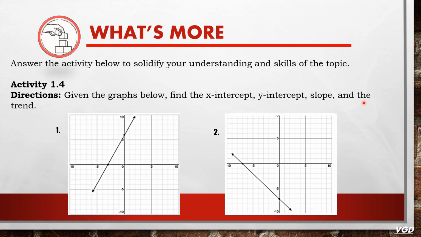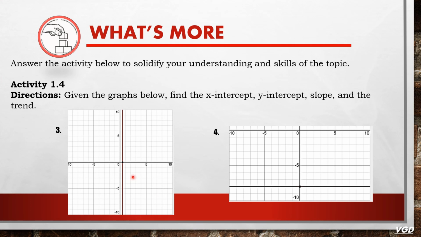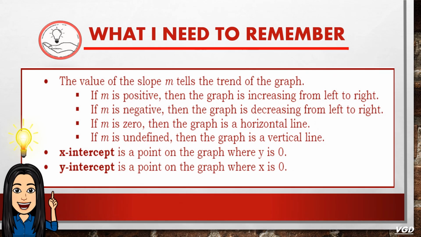Take note, you have to find the x and y-intercept, the slope, and the trend. So we have here number 1, number 2, number 3, and also number 4. So only 4 items that you have to answer.